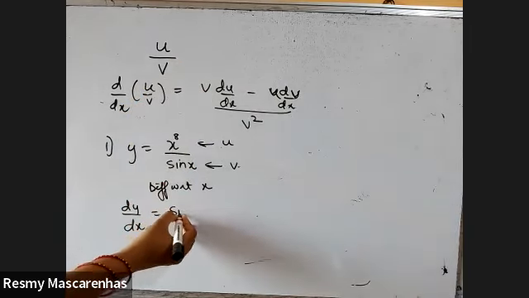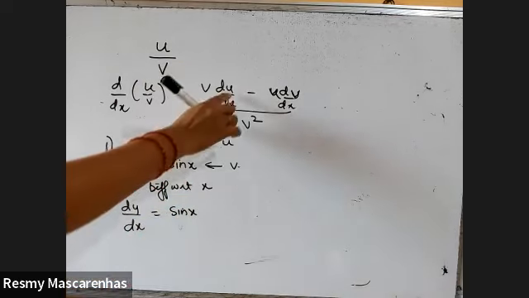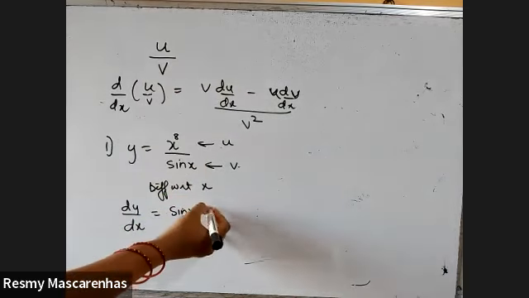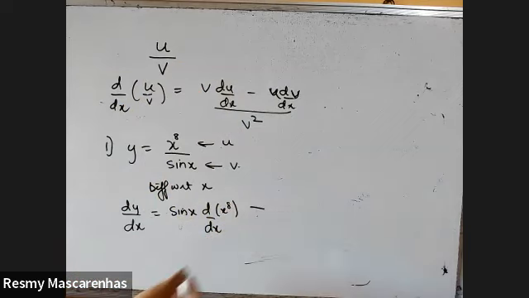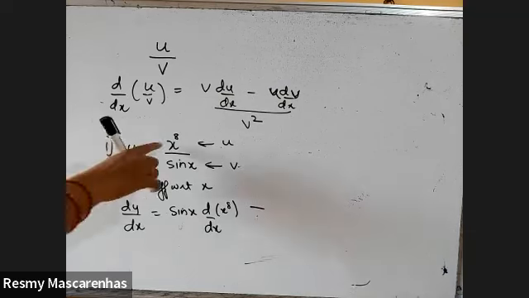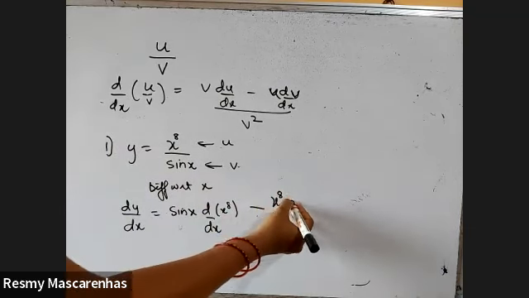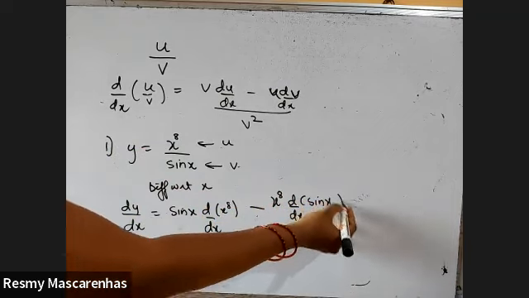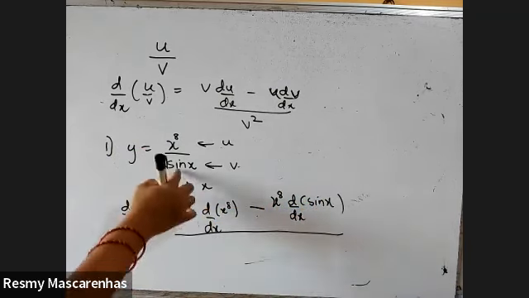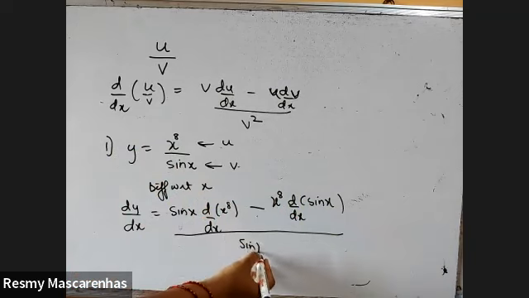So sin x I have to write as it is without doing anything. And now take the derivative of the numerator. The middle sign is always minus. Then take the numerator, and take the derivative of the denominator. And now v square.